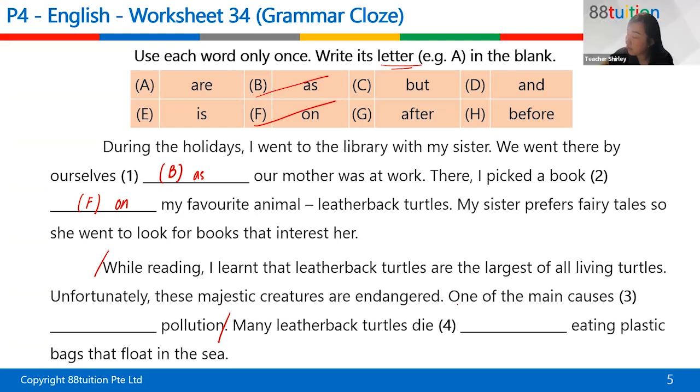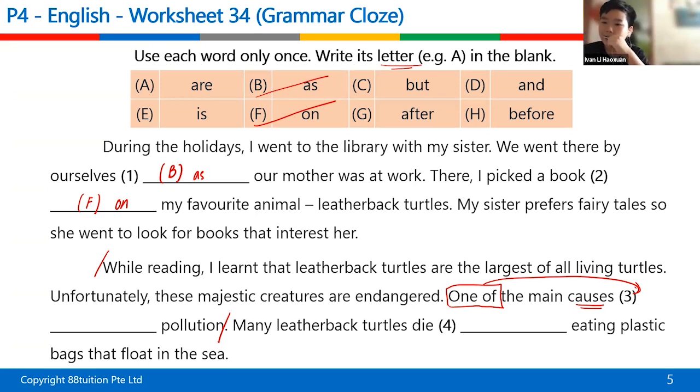Okay, one of the main. So it's one of. I know there's causes, but the subject is actually one of. This entire thing is a noun phrase. So one of the main causes is. Yes, that's right. So it should be singular in a sense.